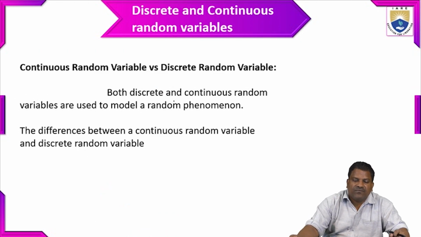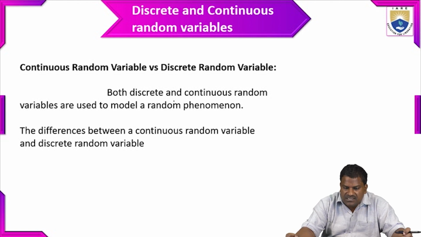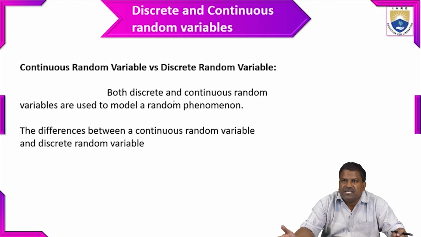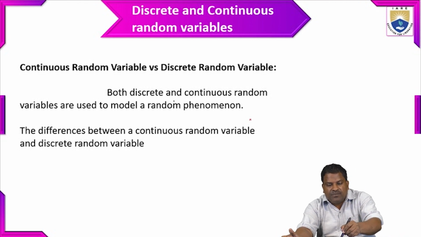Continuous random variable versus discrete random variable means now we are going to discuss the main differences between continuous random variable and discrete random variable. Both discrete and continuous random variables are used to model a random phenomenon.